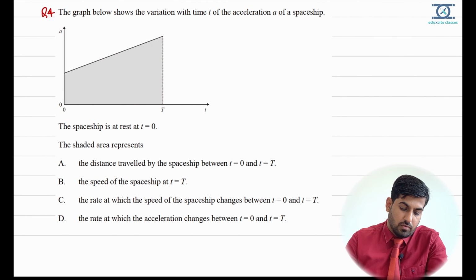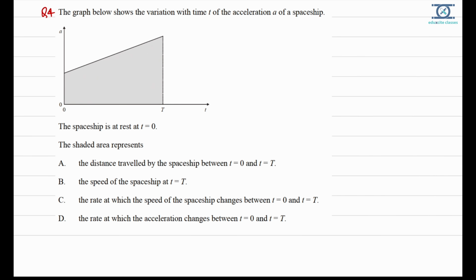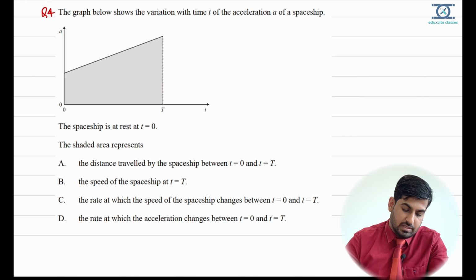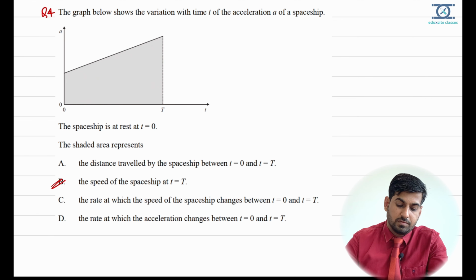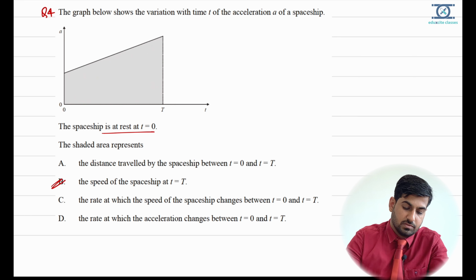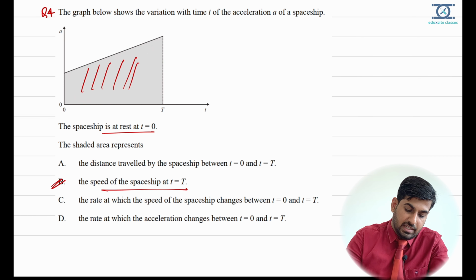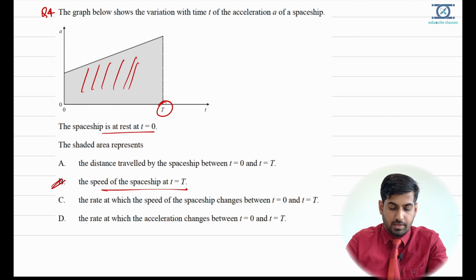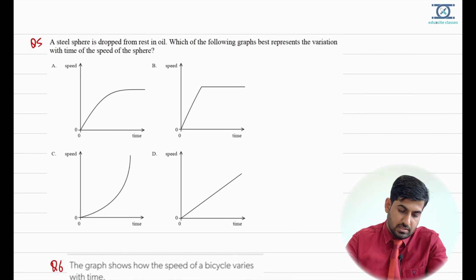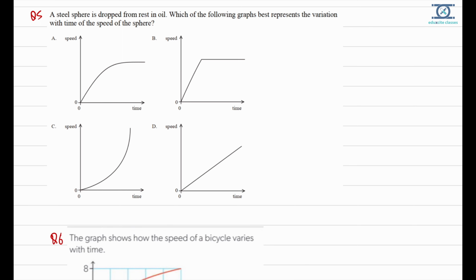Now question number 4, again it's a quite easy one, direct, just pause it and solve. Yeah, so this will give you the speed of the spaceship at t equals capital T because again it was at rest. So this area will directly give you the speed at t equals capital T. Now solve question number 5.